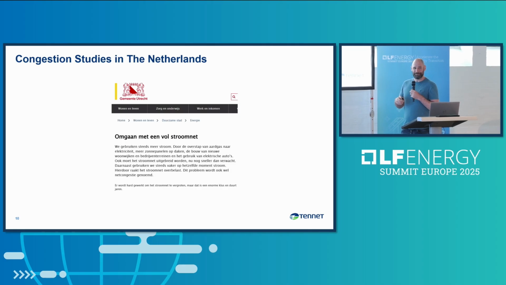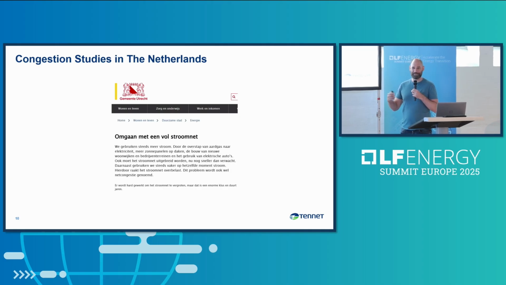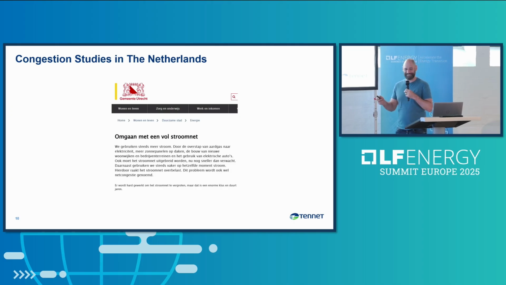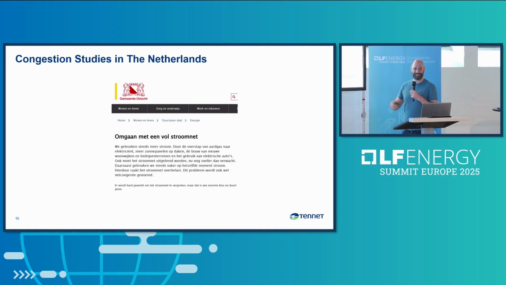For me, the big change will be if we can calculate fast enough and parallelize these calculations enough that we can do a lot more congestion studies and change the grid accordingly. These kinds of news items should disappear and hopefully even turn into praise of the government, saying, oh, TenneT has full control over congestion now. That's the end game we're playing.